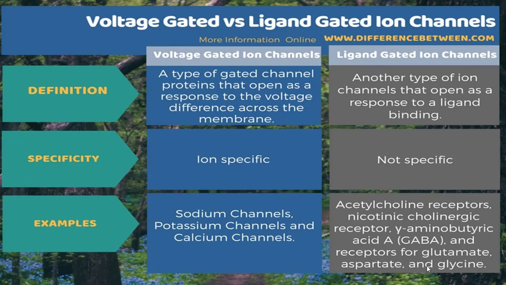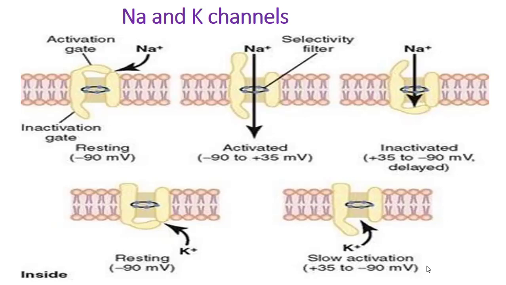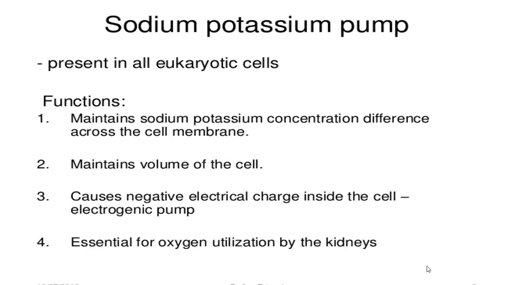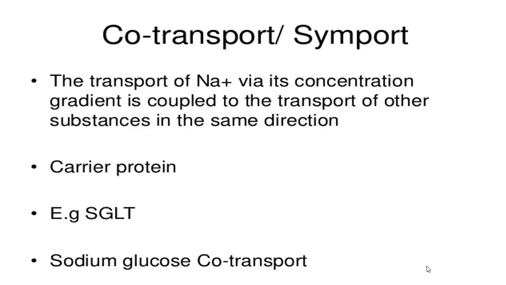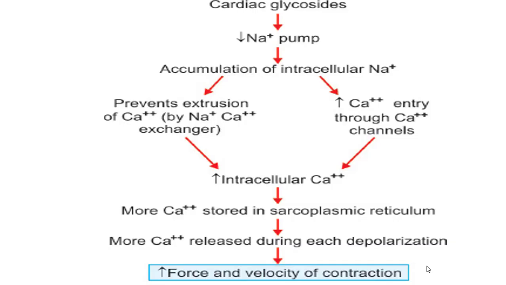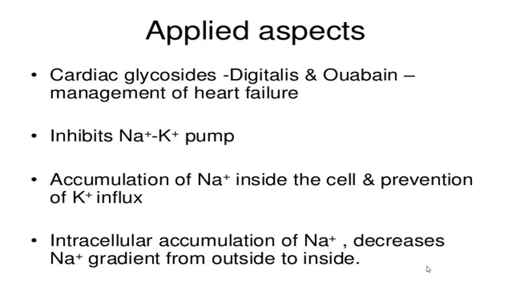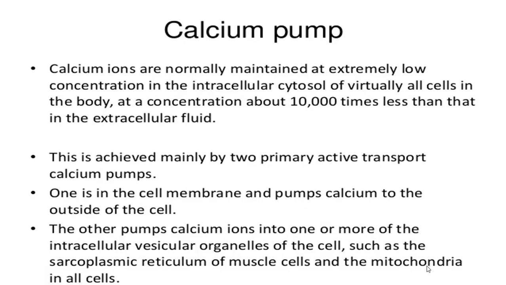For example, here is the difference between a voltage gated ion channel and a ligand gated ion channel. What is meant by a ligand? A ligand is any substance which, when it attaches to the outer portion of the channel protein, produces a conformational change inside that protein, and ultimately that change will cause different kinds of action inside the cell membrane.